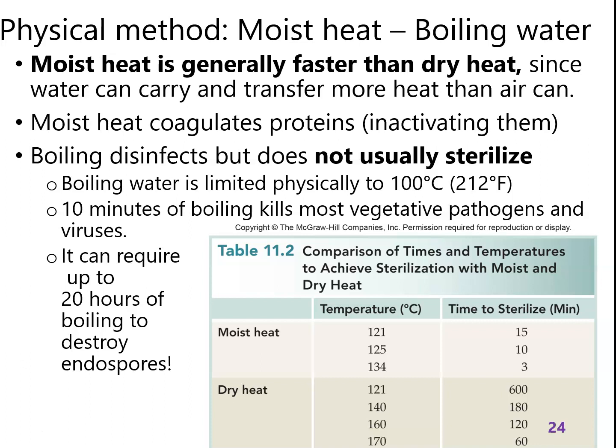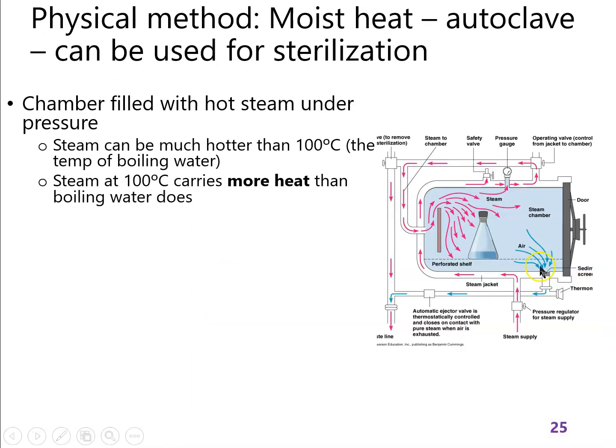So come back to this table as you see the different temperatures that come up in the next few slides. And this will really hit home for you, the difference between moist heat and dry heat. So an autoclave using steam is able to do the sterilization that we need in a laboratory or in a clinic.